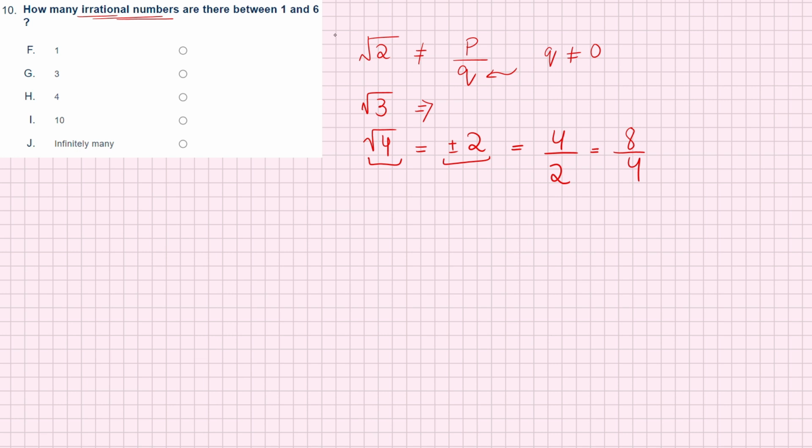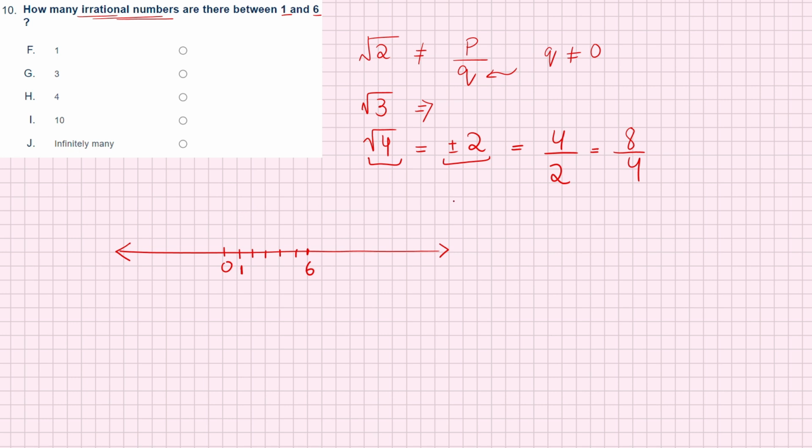They are asking us how many irrational numbers there are between 1 and 6. Let's say this is the number line. This is 0, this is 1, and so on, 2, 3, 4, 5, 6. In between these two whole numbers, we have many irrational numbers. Why?